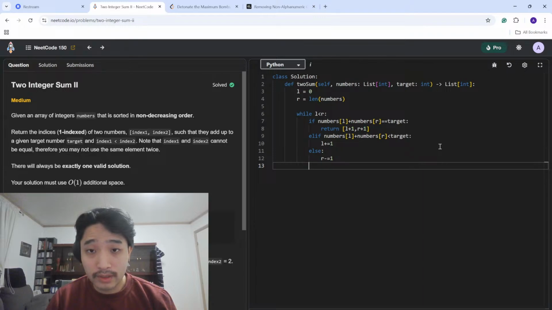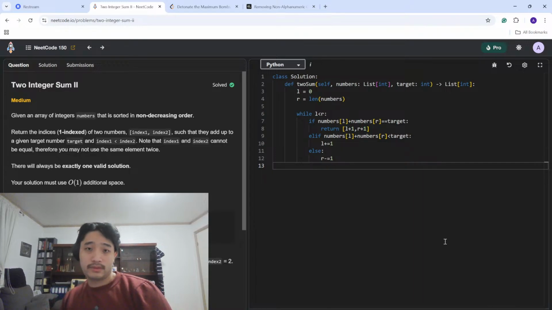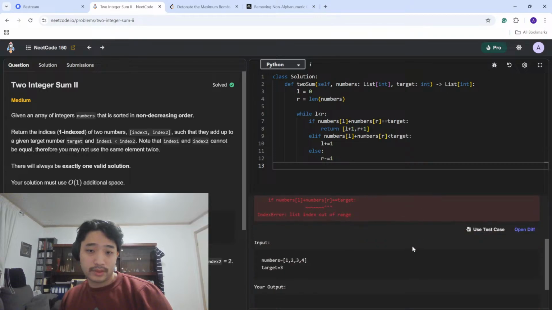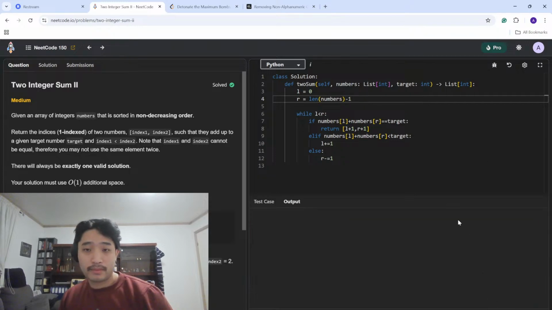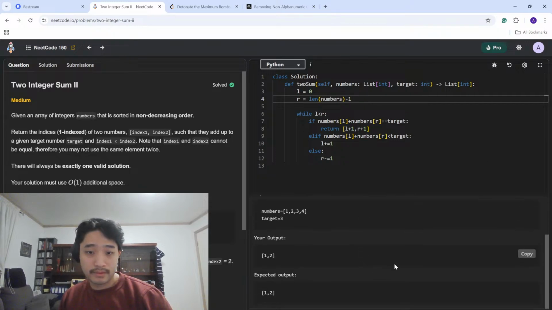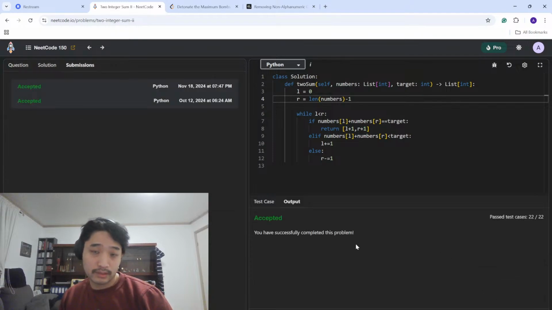Do I need a return? Wouldn't this work? No, it wouldn't work. Yeah, this worked just fine. That was pretty straightforward too.